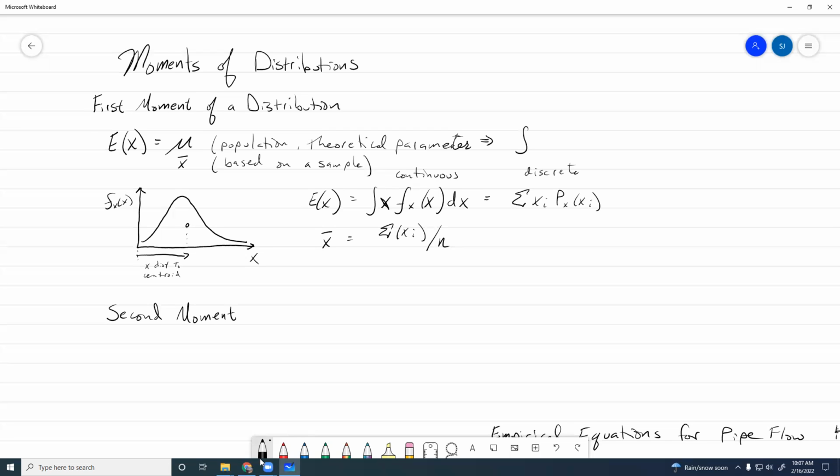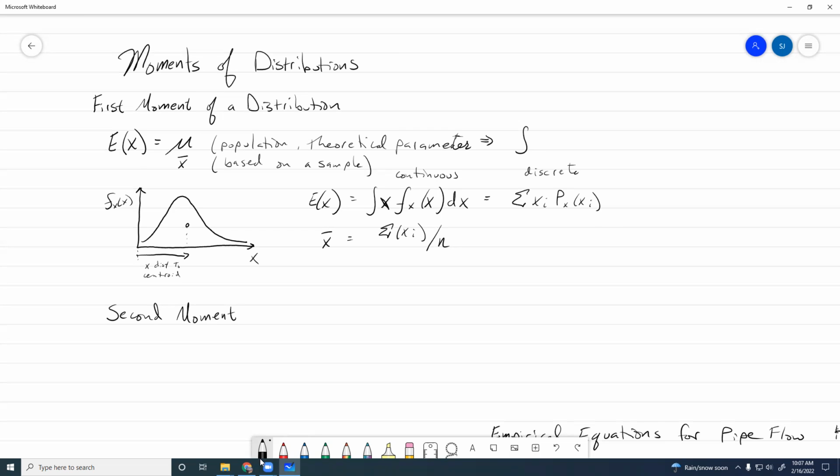So if we have this distribution of the sum of dice rolls, what's the average value? You take 2 through 12, and then you multiply each of those values by the probability of seeing those values from the theoretical distribution. So you can go back and look at your notes for that example that we did.